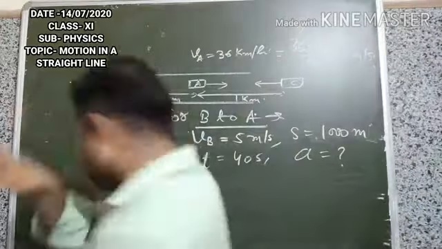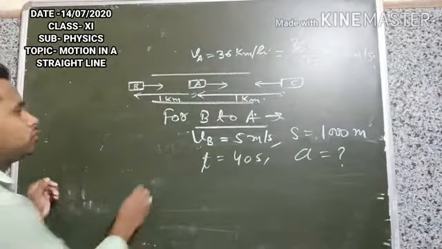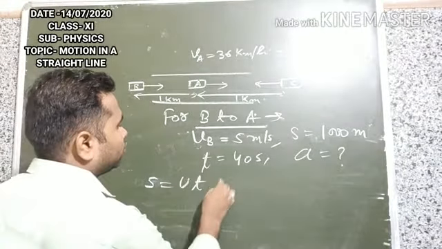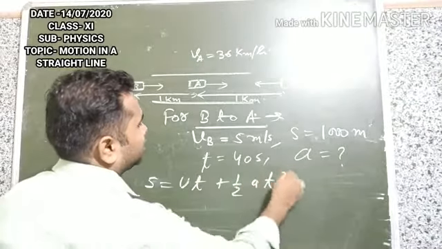Now you can use the second equation of motion, because this is accelerated motion: s equals ut plus half at square.